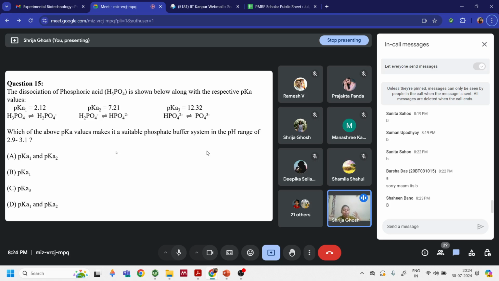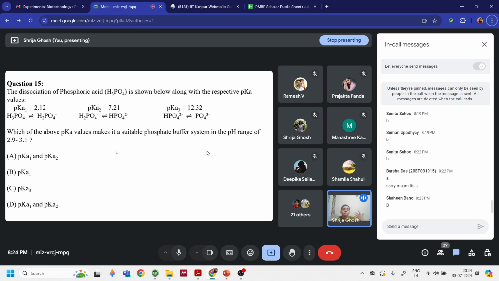So the phosphate buffer system is actually very versatile. Since it has 3 pK values, you can make a buffer of 3 different pH using the same components, just in different ratios. If I use more acid component, you will have a buffer of a low pH.